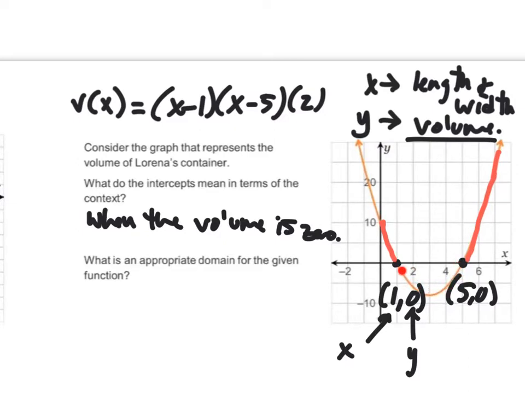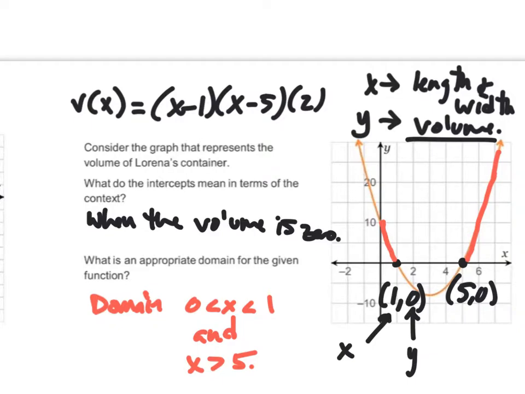So what we can say is that our domain would go from 0 is less than x is less than 1. So x could be between 0 and 1 to actually give us a volume. And then we could say that x is greater than 5.